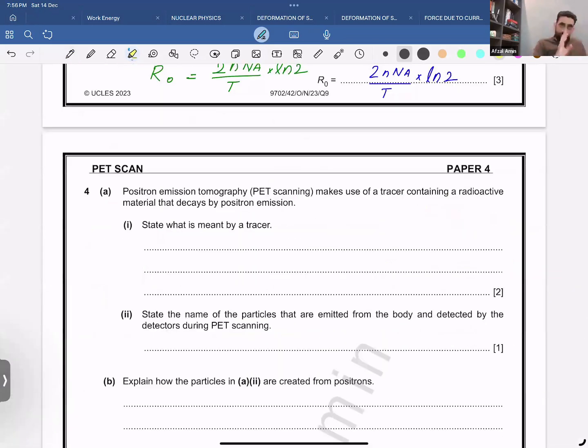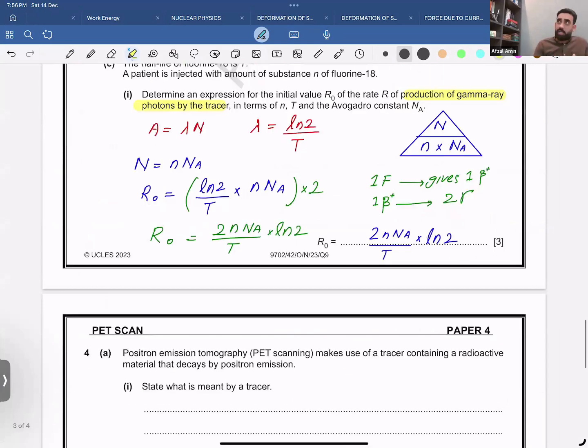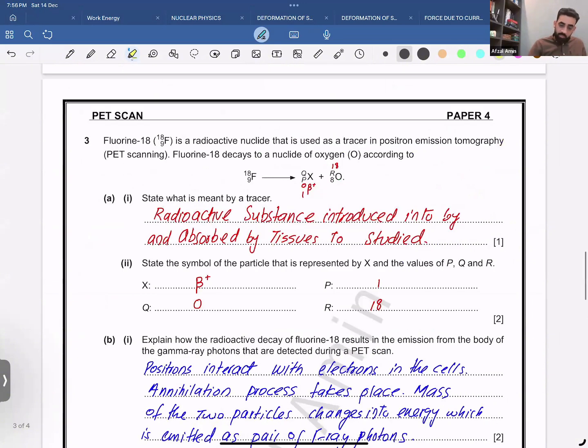My dear students, I'm not lazy, and since I will write, you will also write. So they want the definition of a tracer.